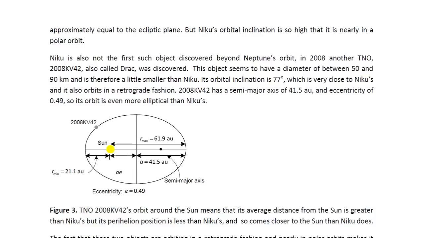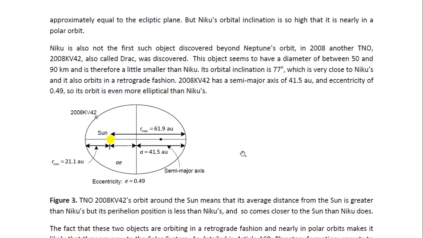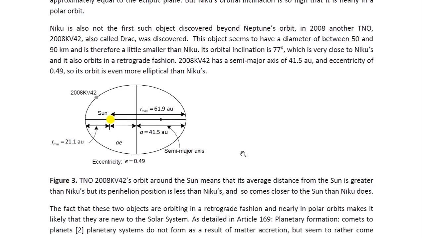It is 77 degrees, and it also orbits in a retrograde fashion. 2008 KV42 has a semi-major axis of 41.5 AU and an eccentricity of 0.49. So its orbit is even more elliptical than Niku's.